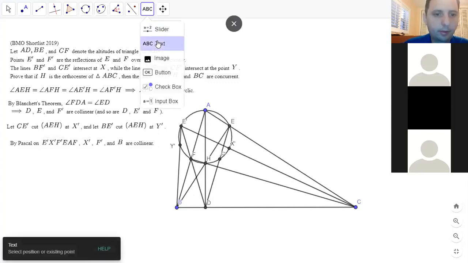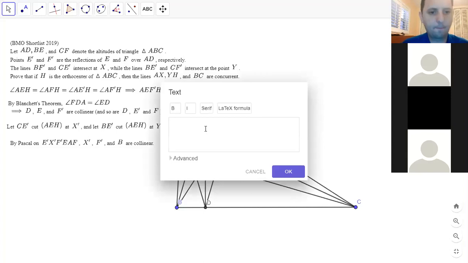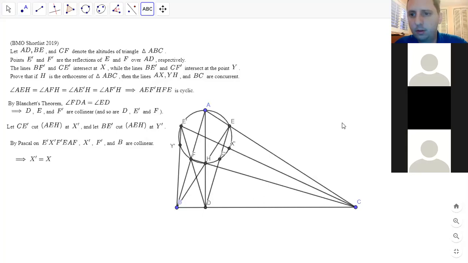So that means that X prime equals X. And then similarly, Y prime equals Y.